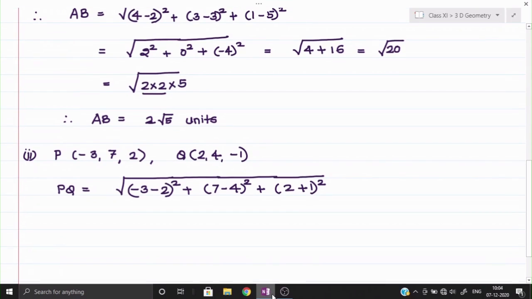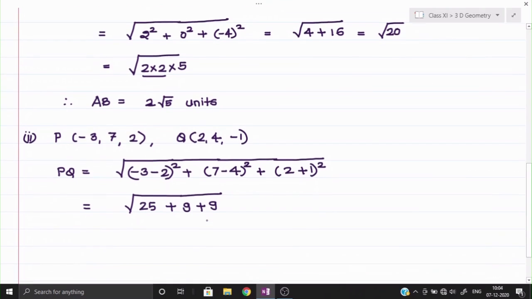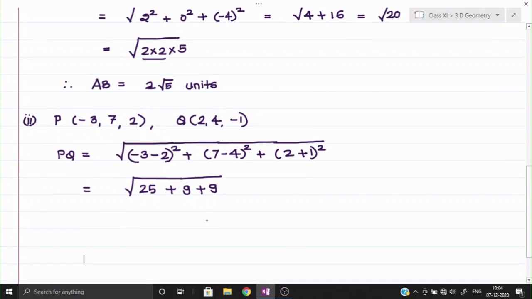Now further we can write under root: minus 3 and minus 2 becomes minus 5, and the square of minus 5 is 25. 7 minus 4 is 3 and the square of 3 is 9. Again 2 plus 1 is 3 and the square of 3 is 9. So 25 plus 18, that will become 43.